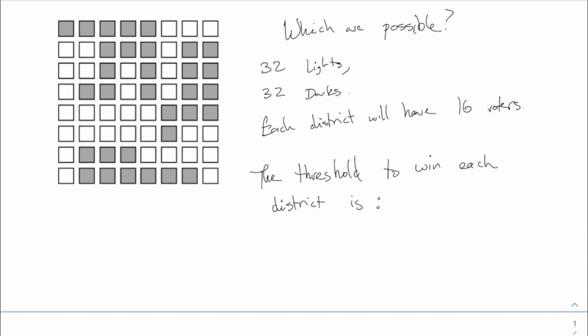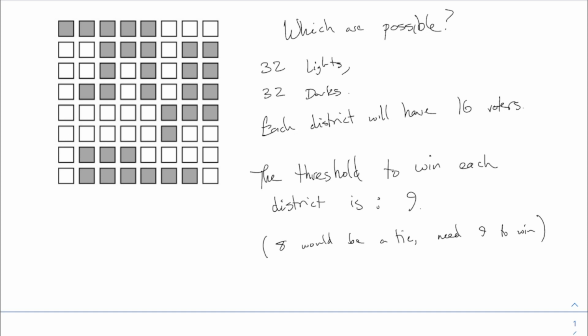Yeah, I would say 9. If there's 16, then 8 would be a tie, which I don't really want to talk about for the most part. I would just want to talk about winning. In order to win in each district, the threshold to win is 9, because 8 would be a tie. You need 9 to win.